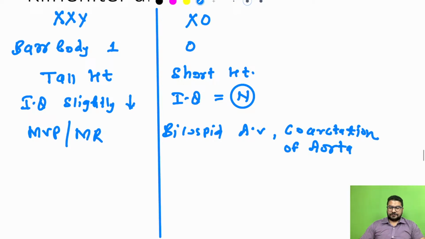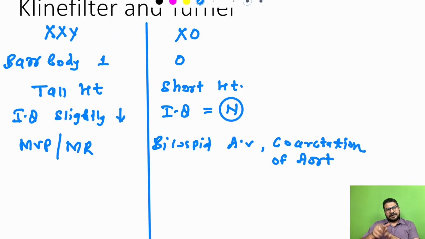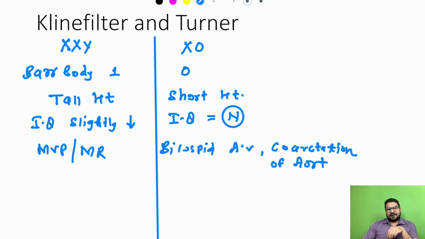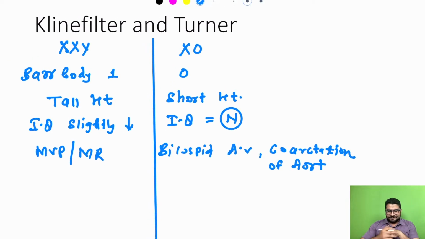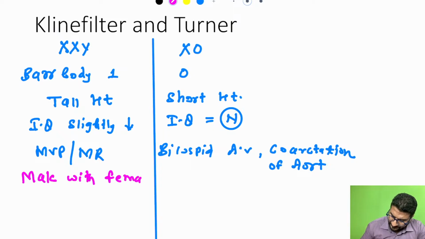तो देखो, इसको समझो. क्लाइनफेल्टर एक लड़का है जो लड़कियों जैसा है, टर्नर एक लड़की है जो लड़कों जैसी है. So understand this thing. In Klinefelter, the patient will be a male with feminine features. So in simple language I can say female-like skin, hair and fat.